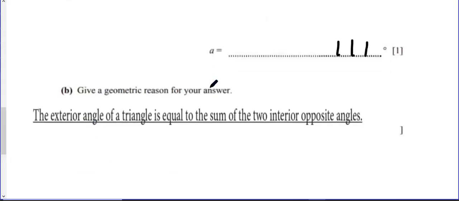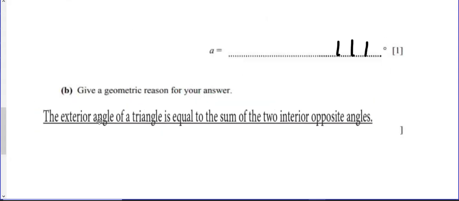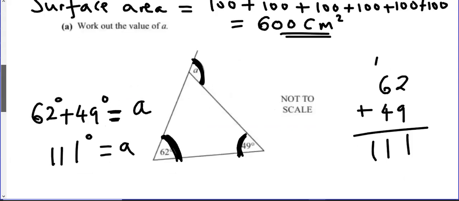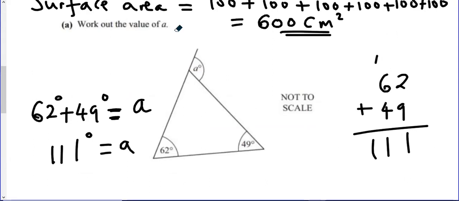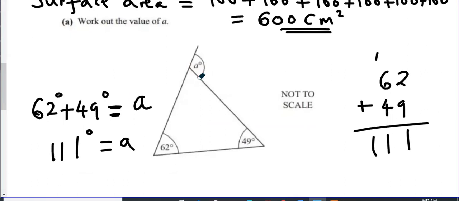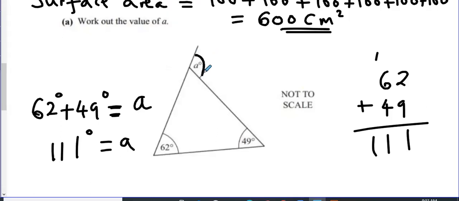Give a geometric reason. So the geometric reason is what I was saying. This is the geometric reason which says the exterior angle of a triangle is this angle from the outside.